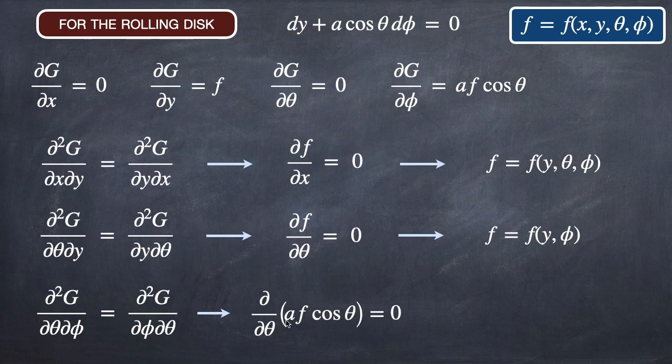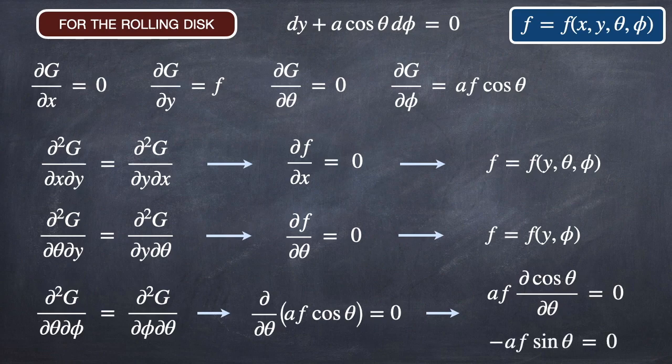A is the radius of the disk. F, we just found out, has no dependence on theta, so for this partial derivative, it is a constant. And the result of that is going to be af and the partial derivative of cosine of theta with respect to theta, which is negative of sine of theta.